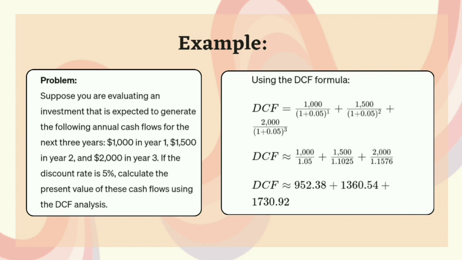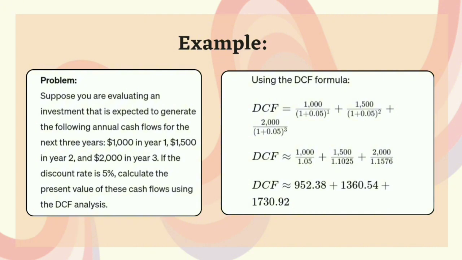So using the DCF formula, DCF is equal to 1,000 over (1 plus 0.05) to the power of 1, plus 1,500 over (1 plus 0.05) to the power of 2, plus 2,000 over (1 plus 0.05) to the power of 3.